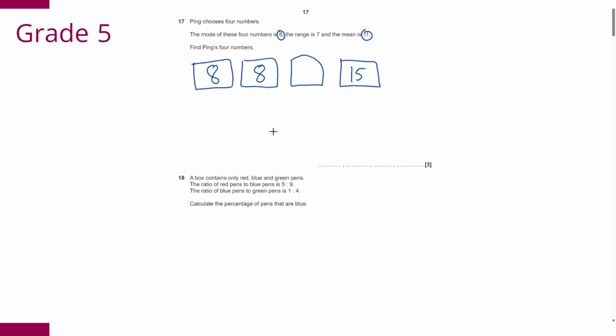So for our last number, so that's the range of 7. The mean is 11. So we know that when we add these numbers up, right, and divide by the amount of numbers, which is 4, we're going to get 11. Okay? And then we can get our lines in, and we can solve this, right? So we can times both sides by 4.